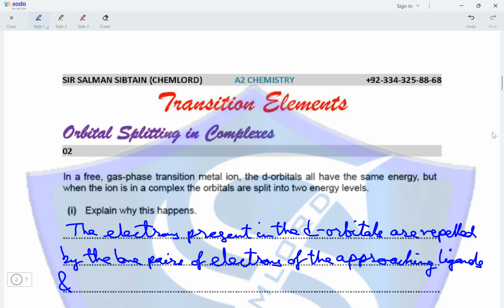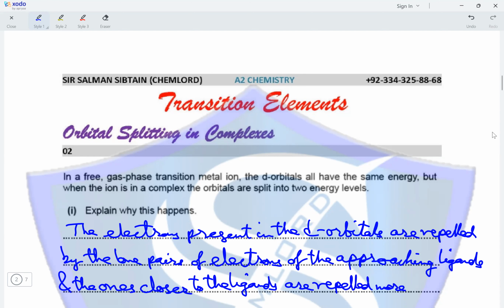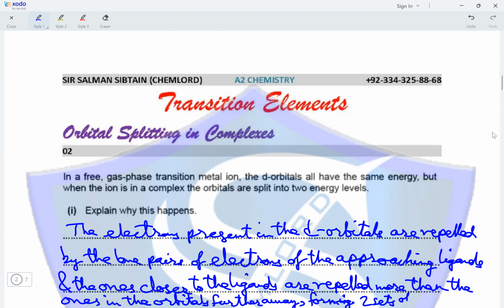and the ones closer to the ligands are repelled more than the ones in the orbitals further away, forming two sets of d orbitals.